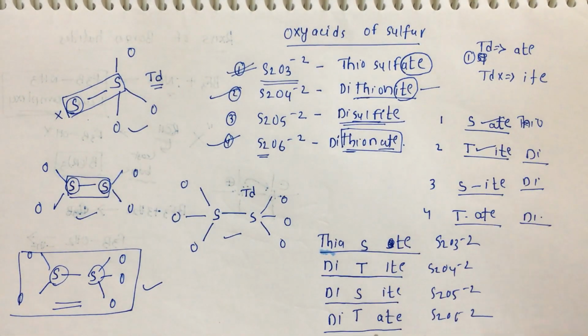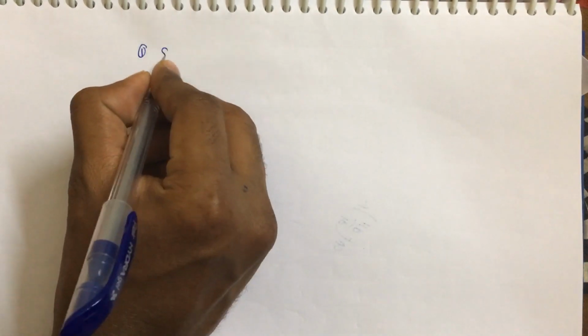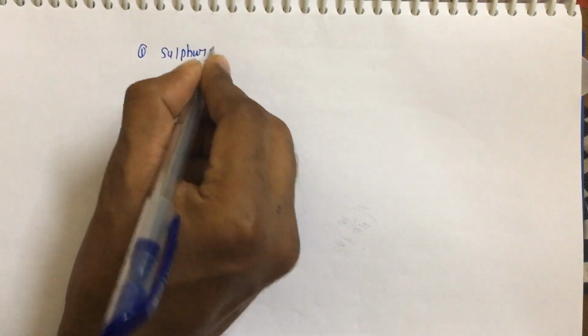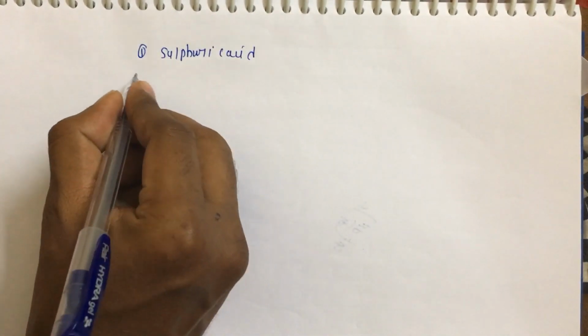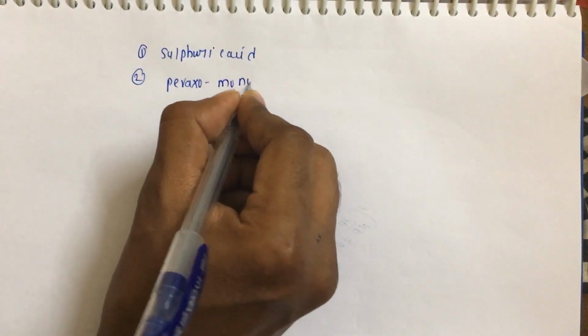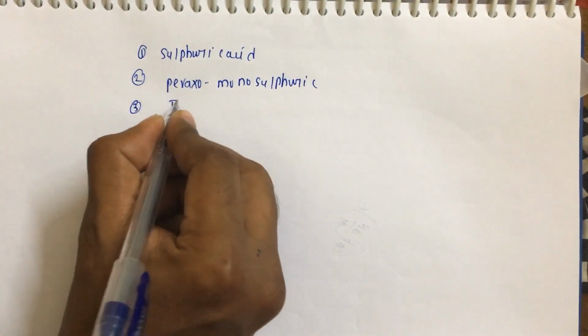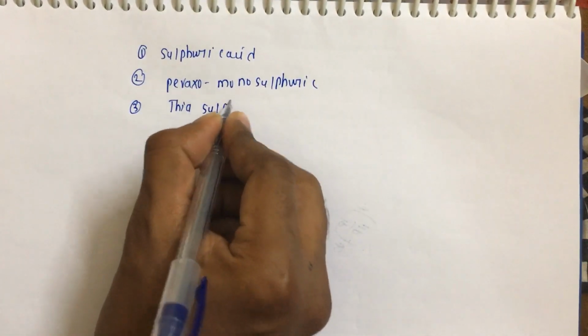So these are the oxyacids of sulfur, and we have 8 more. So these are easy to remember, but those are a little difficult, and we have to practice more to remember. First I will write all the names. We start from sulfuric acid. Second one is peroxomonosulfuric acid. Third one is sulfurous acid.